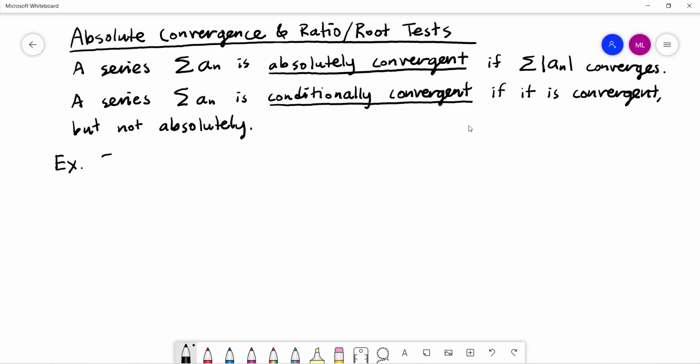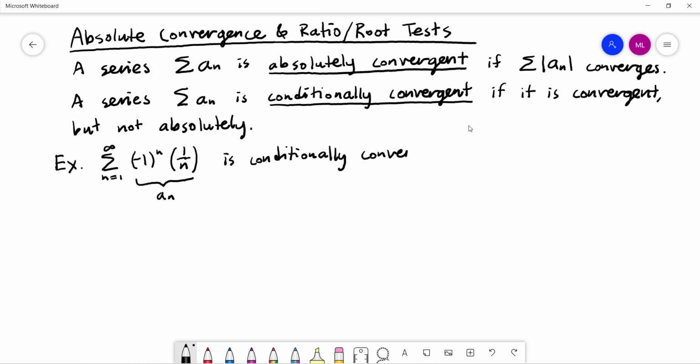If we look at the sum from n equals 1 to infinity of -1 to the n times 1 over n, so here's our a sub n, this thing is conditionally convergent. Why?